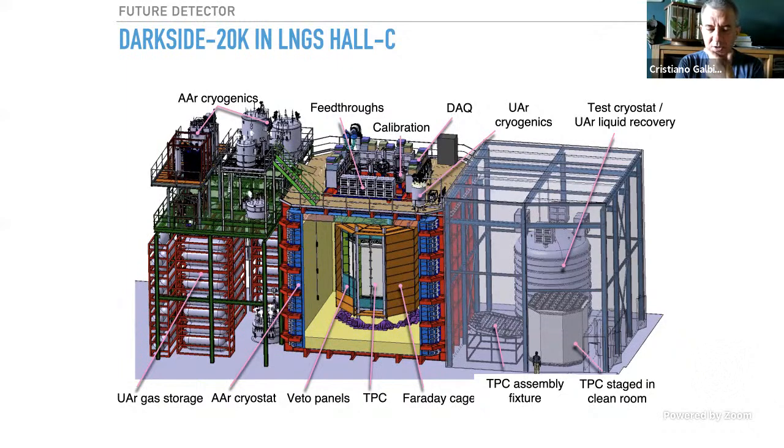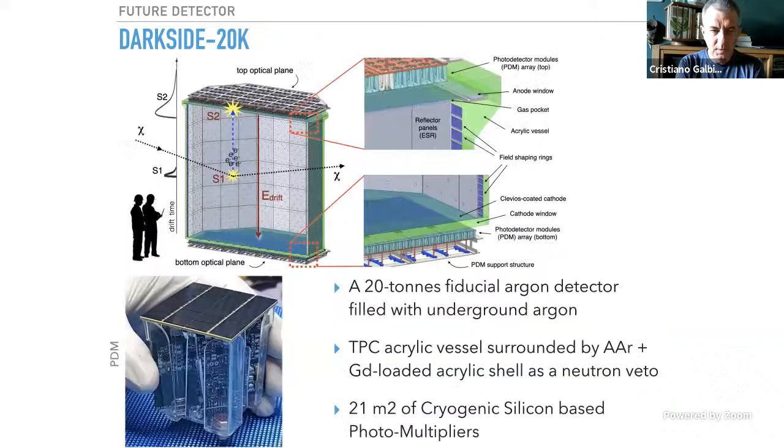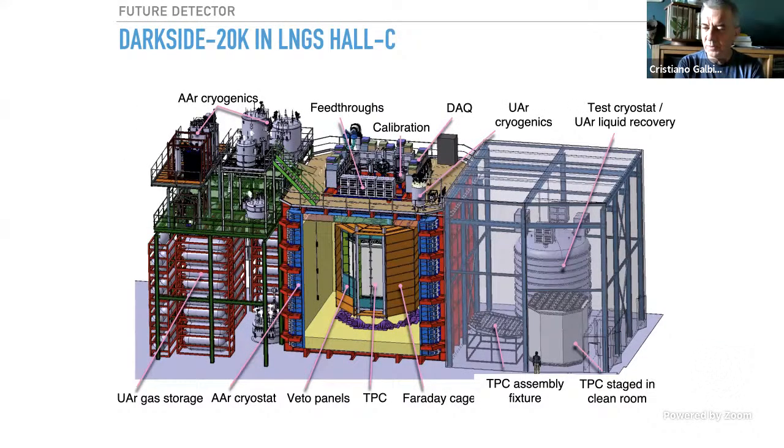That is the object at the center. And the cryostat developed for the ProtoDUNE project will host the DarkSide-20K detector without the use of any liquid scintillator, to go in a more green direction.